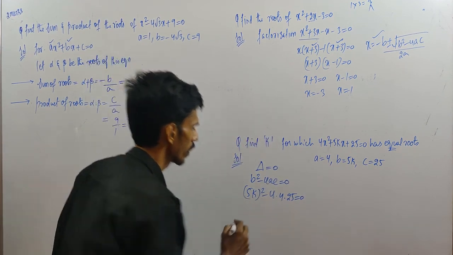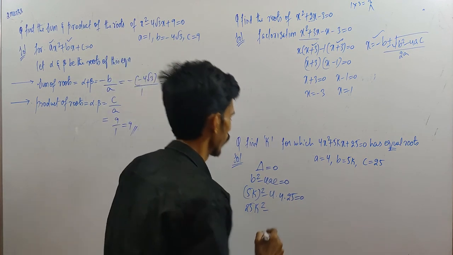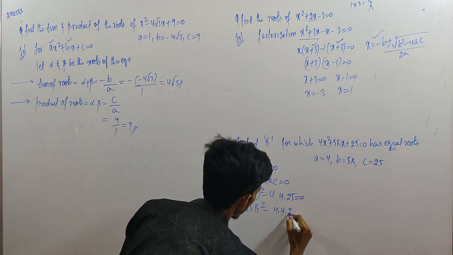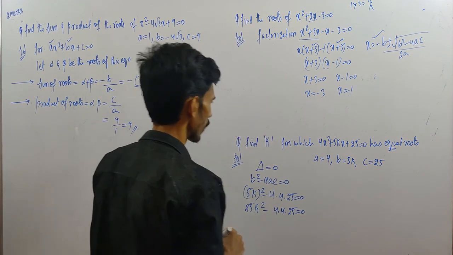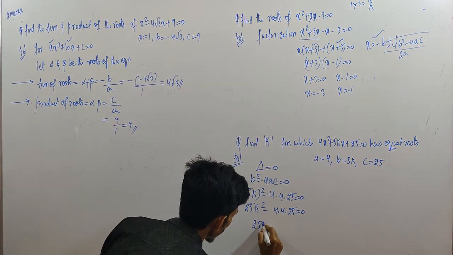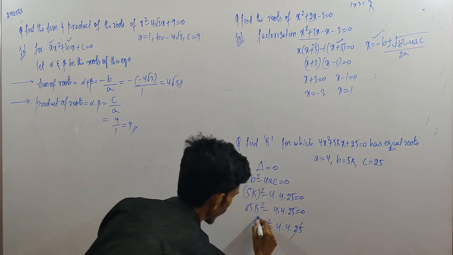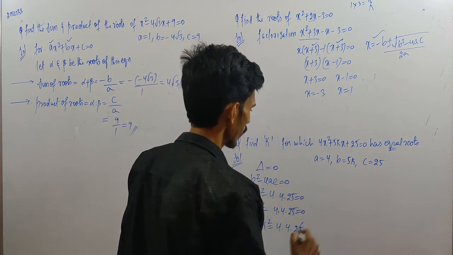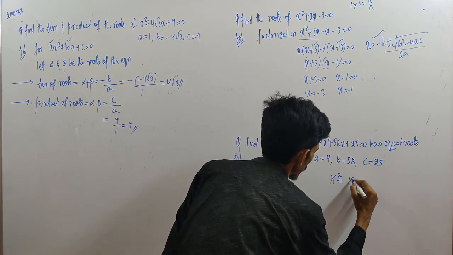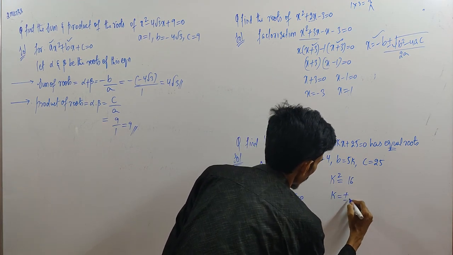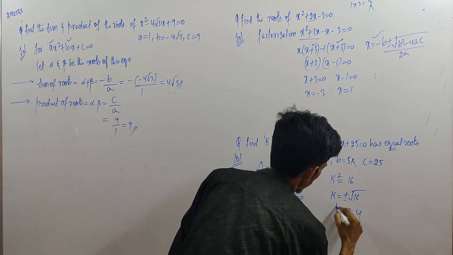Here we have 5 square, 25k square minus 4 into 25 equal to 0. Now send this here. 25k square is equal to 4 into 25. This 25 will get cancelled. We have k square is equal to 4 into 4, 16. So k value is plus or minus root over 16. So we have k value is plus or minus 4.